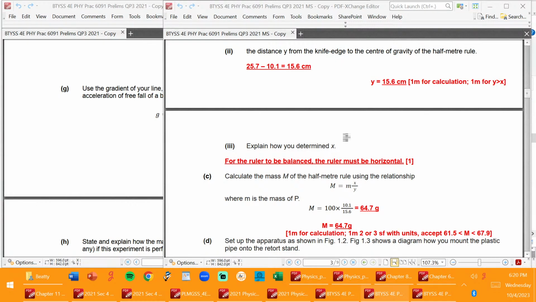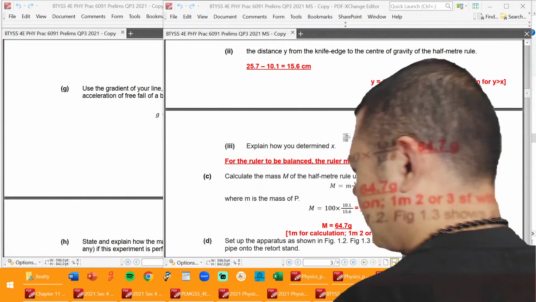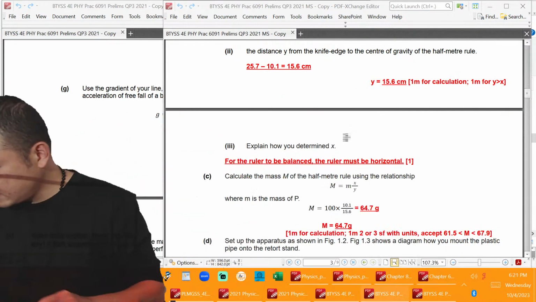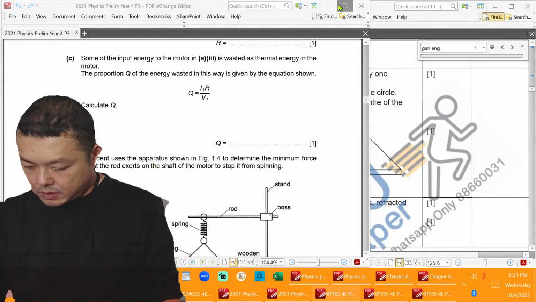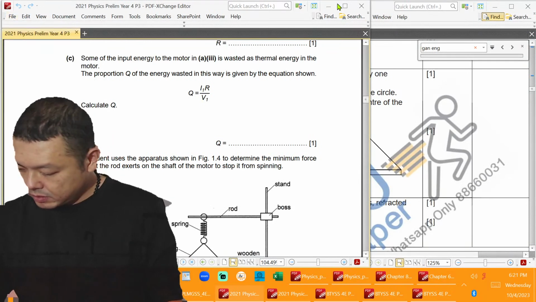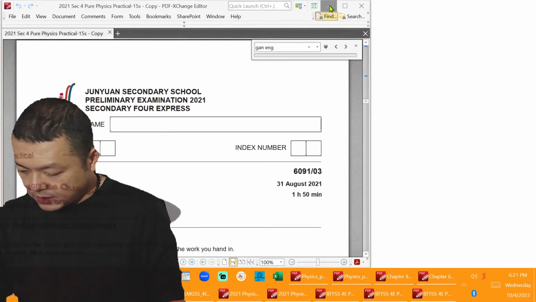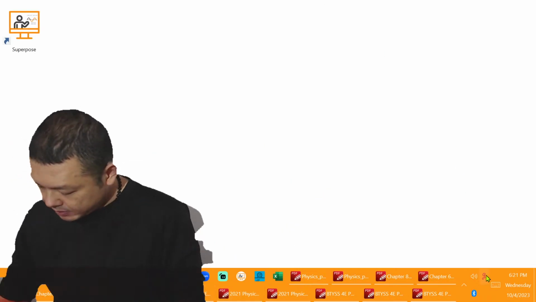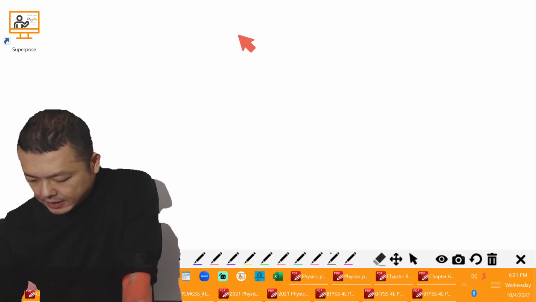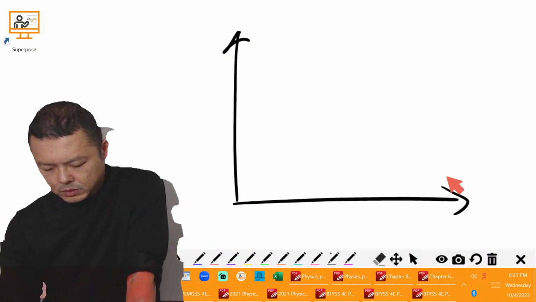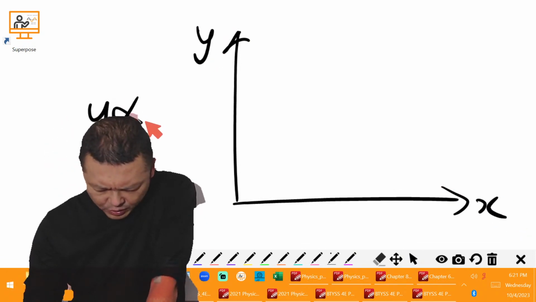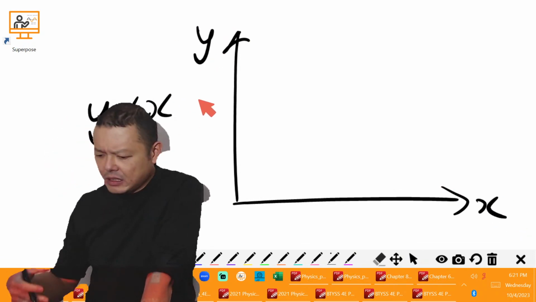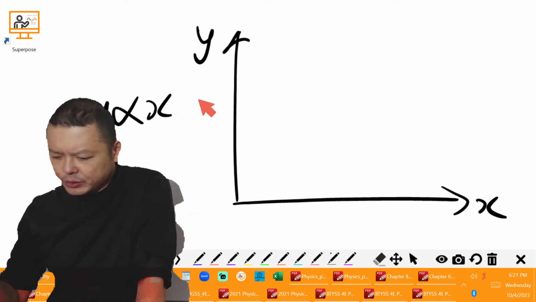Listen here. This might be a physics thing also. Whatever it's done, you can't change it. It's not wrong. But at the same time, you have to remember this. Let's say you know that in theory it's supposed to be y proportional to x, for example.